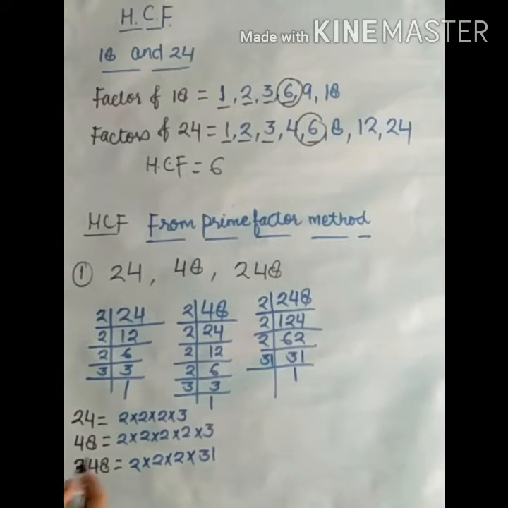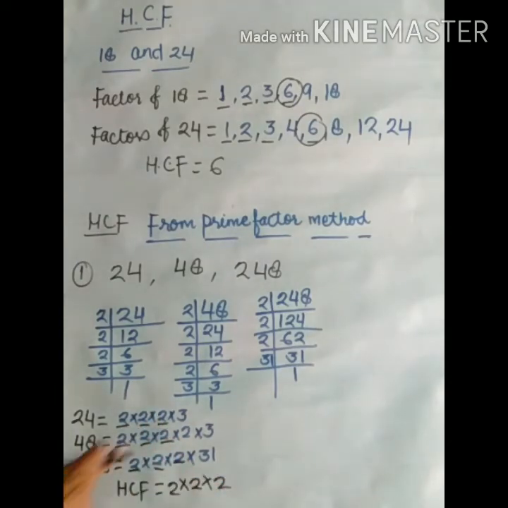For HCF, we look for what is common. This 2, this 2 and this 2: the first 2 is present in all three factorizations, so you can write one 2 here. The second 2 is also present in all, so you can write 2 here. The third 2 is also present in all.